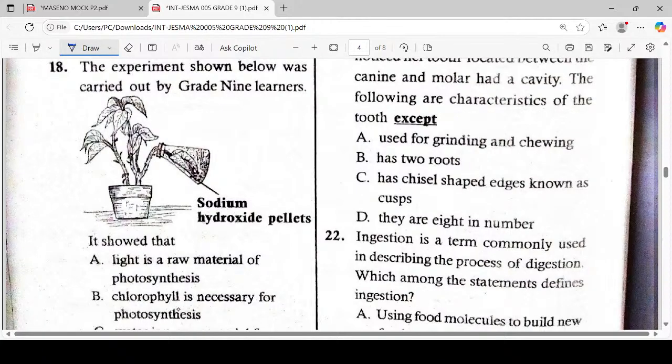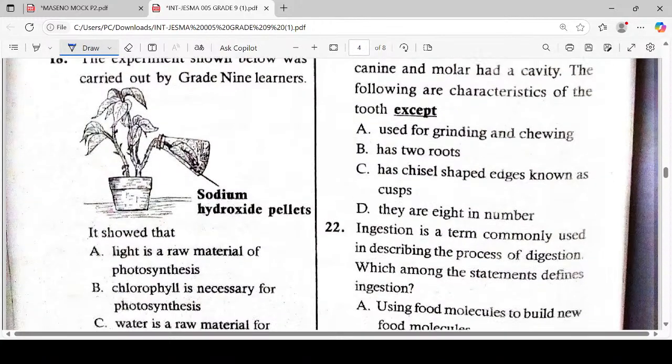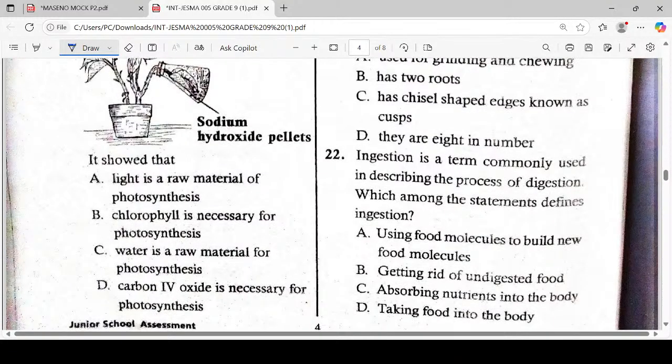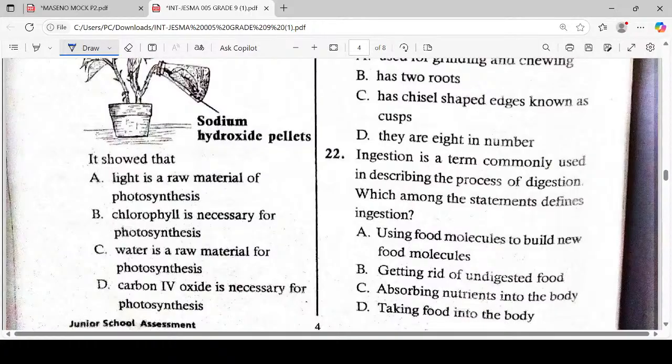Chlorophyll is necessary for photosynthesis. Water is a raw material for photosynthesis. Carbon dioxide is necessary for photosynthesis. Yes, the most appropriate answer here is carbon dioxide is necessary for photosynthesis. Why? Simply because of the sodium hydroxide pellets that are responsible for the absorption of the carbon dioxide.